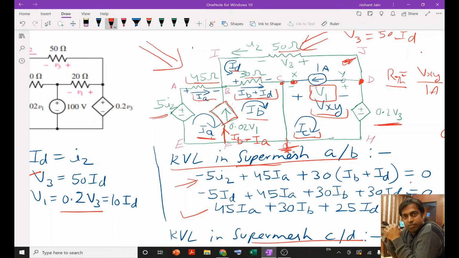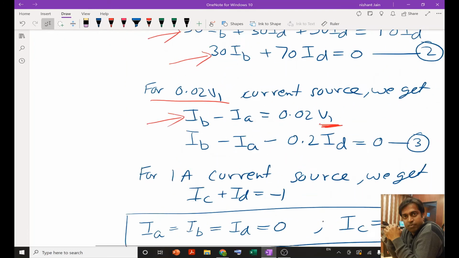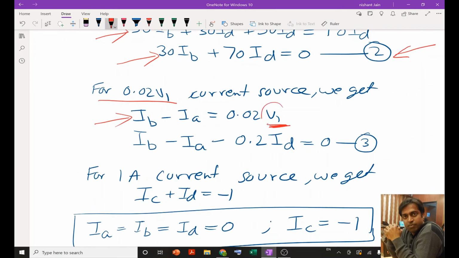So overall V1 will be equal to 0.2 V3, and substituting the value of this V3 we will get 10 ID. So our V1 is equal to 10 ID. Substituting this value over here, we will get this equation, and this will become our third equation.